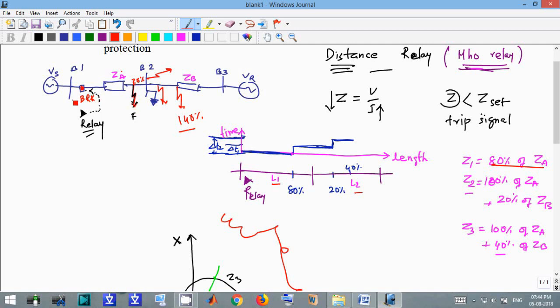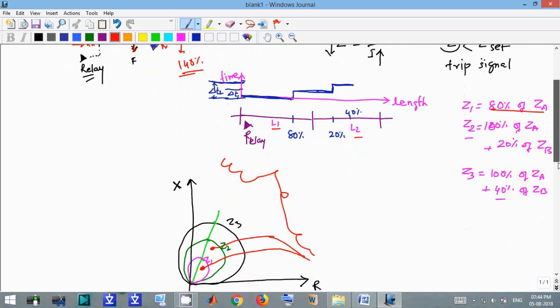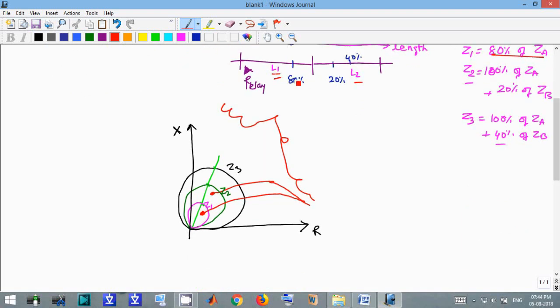Otherwise, this is 100% and 40% of the next line, so it may not be exactly 140% for all cases, only when the length of line 1 equals the length of line 2. So if there is a fault at 140%, it will come in Z3.